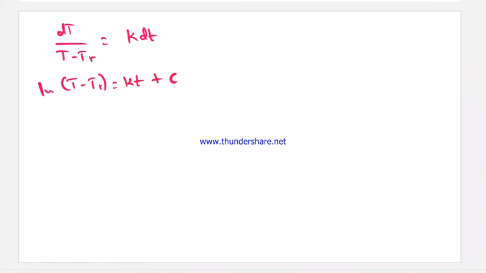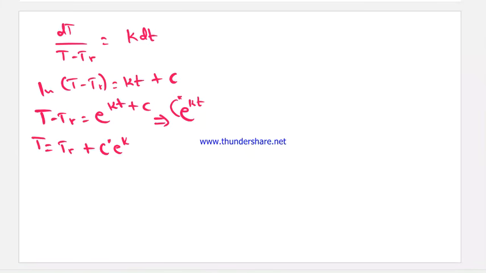So we can further simplify: T minus Tr equals exponential of (kt plus c), which can be simplified to exponential c times exponential kt, because c is a constant, so exponential c will also be constant. So we have T equals Tr plus c star exponential kt. Let's put that as equation 1.